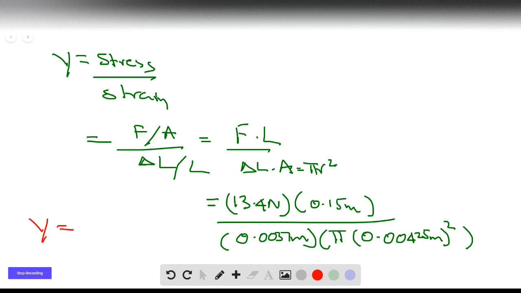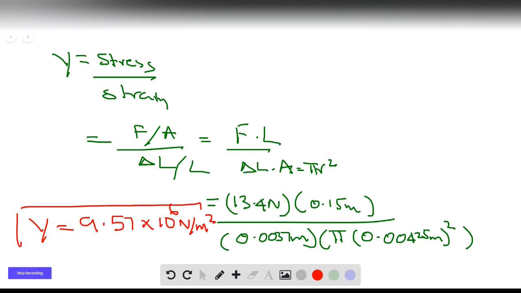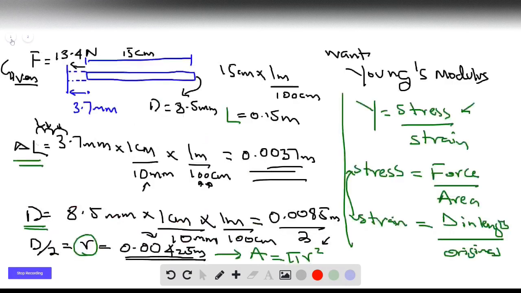So with the Young's modulus simplification, we end up finding that it's roughly 9.57 times 10 to the 6 newtons per meter squared. These units, newtons per meter squared, are also common for pressure, but in this case, you're dealing with Young's modulus of elasticity.